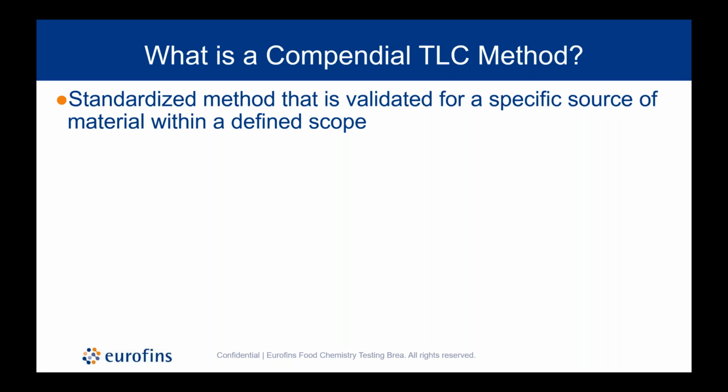So how is TLC performed? What does that chromatography mean in the context of botanical identification? A compendial TLC method is a standardized method that's validated for a specific source of material. So it's validated for one particular botanical or extract, and using one source of that material to obtain that validation data, which defines the scope of the method.